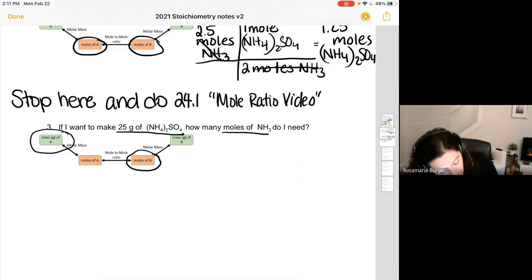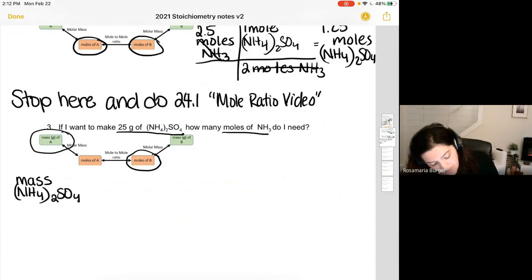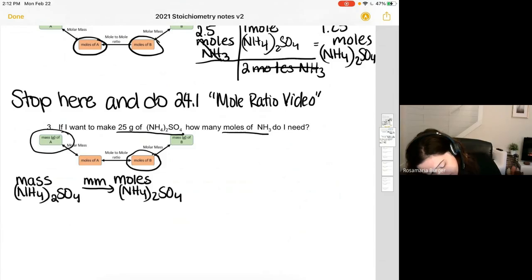If I can start with mass of NH4 2SO4, I can use my molar mass to tell me how many moles I have. Moles of NH4 2SO4. And then using my mole ratio, I can determine how many moles of NH3 I have.